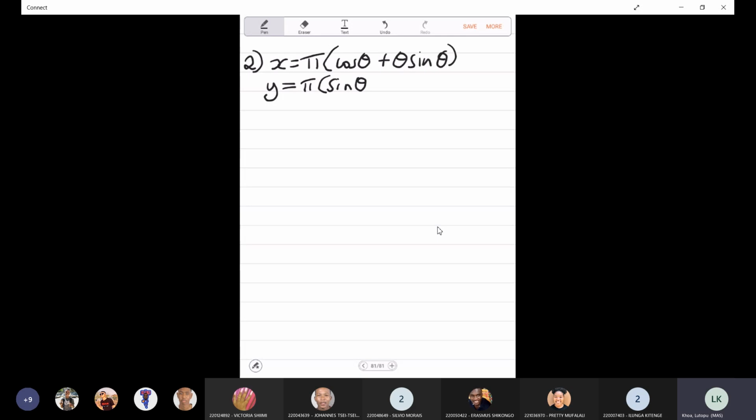So here you can see that x and y are both functions of theta.